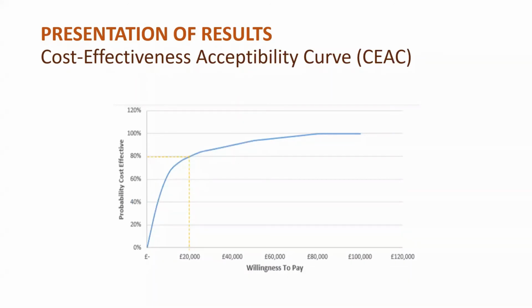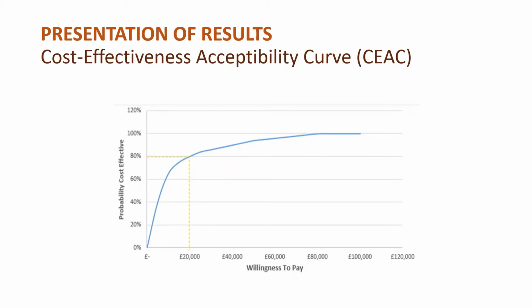Another kind of visualization of the result is the cost effectiveness acceptability curve, or CEAC. It shows the probability of your intervention, or the new intervention, being cost effective at different willingness to pay or different threshold values.